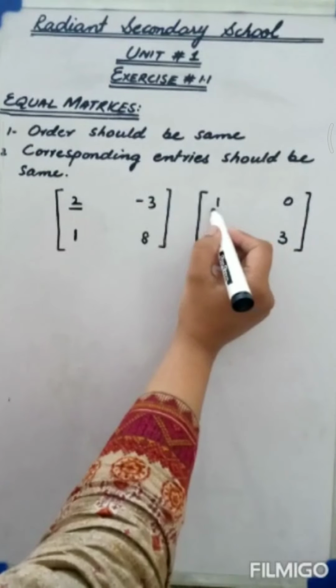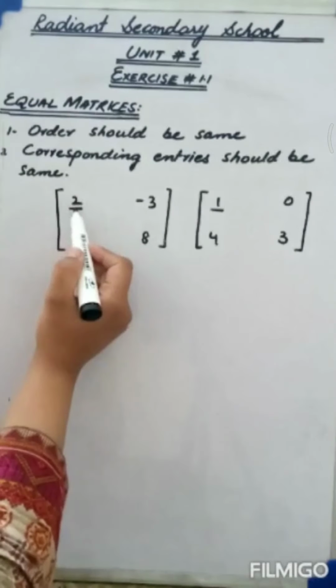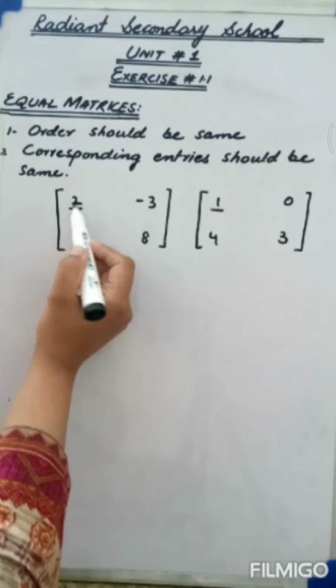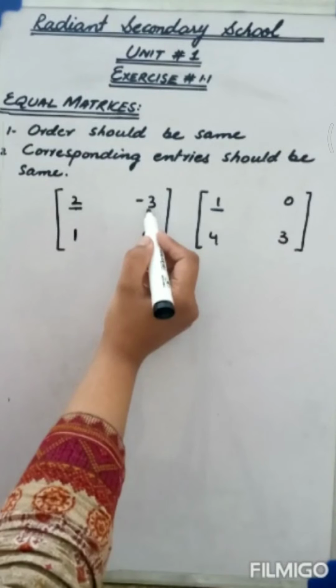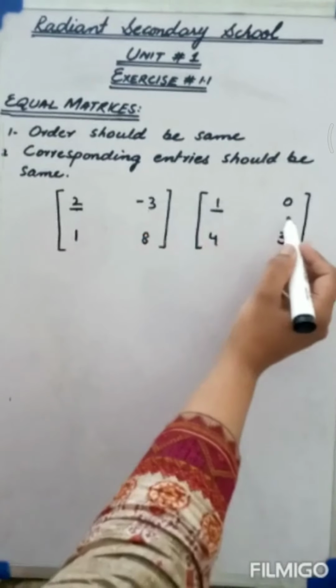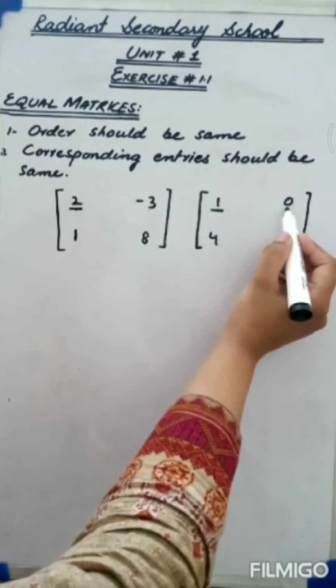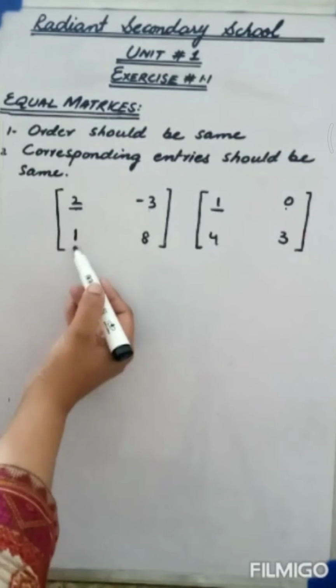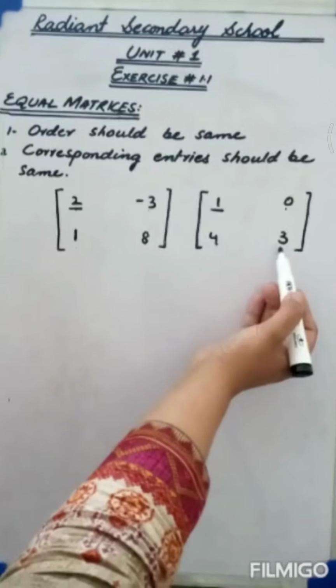Similarly, this -3 is in the first row and second column. In this way, 1 is corresponding to 4 and 8 is corresponding to 3.